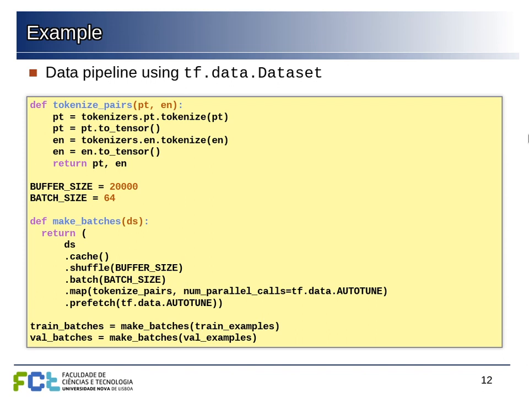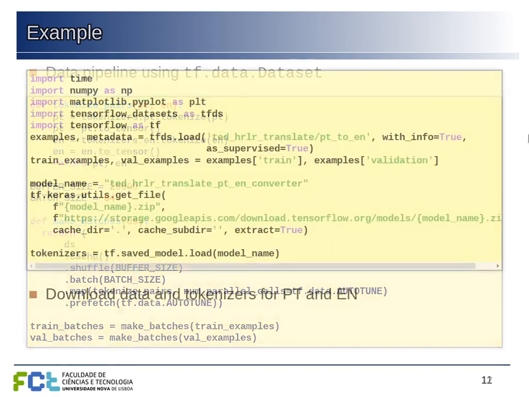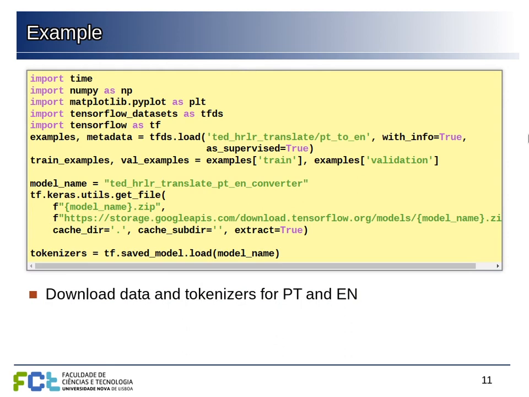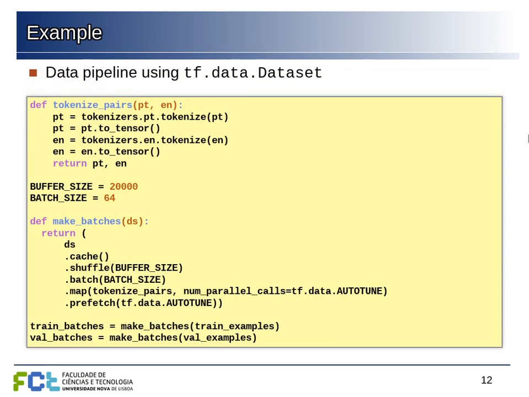So basically, these data set objects, which are the ones that you have here, so these train examples and val examples, are data sets. You can use this kind of pipeline processing where you can keep elements in cache.